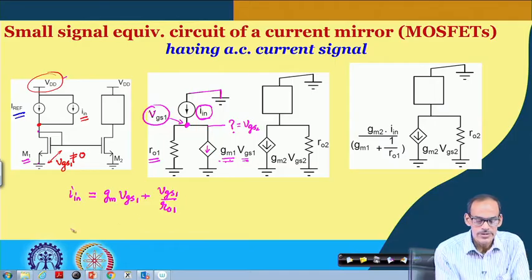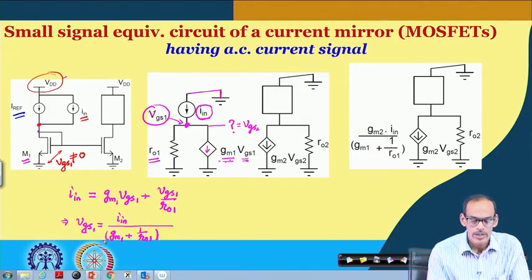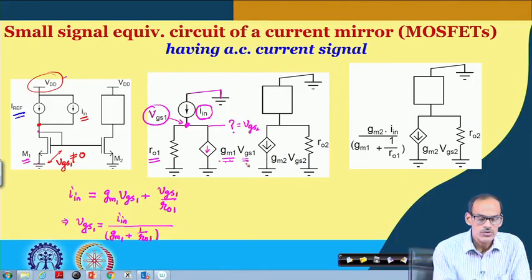That gives us the expression of VGS 1 in terms of I in, which is equal to I in divided by GM 1 plus 1 by RO 1. And VGS 2 and VGS 1 are the same.